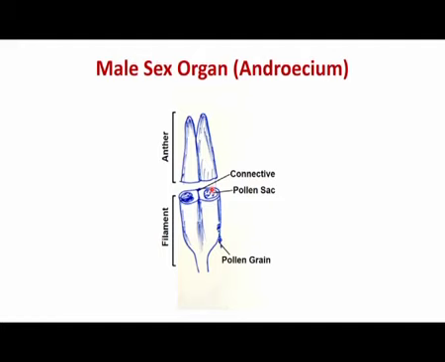In the other step, the cells present in the pollen sac go for further division and then evolve to generate the pollen grains.